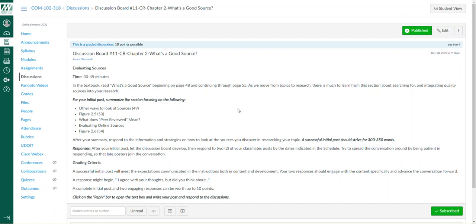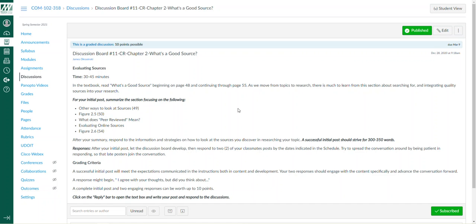So as you summarize each section here, after your summary, respond to the information and strategies and how to look at sources you discover in researching your topic. Right? Successful posts should be about 300 to 350 words.